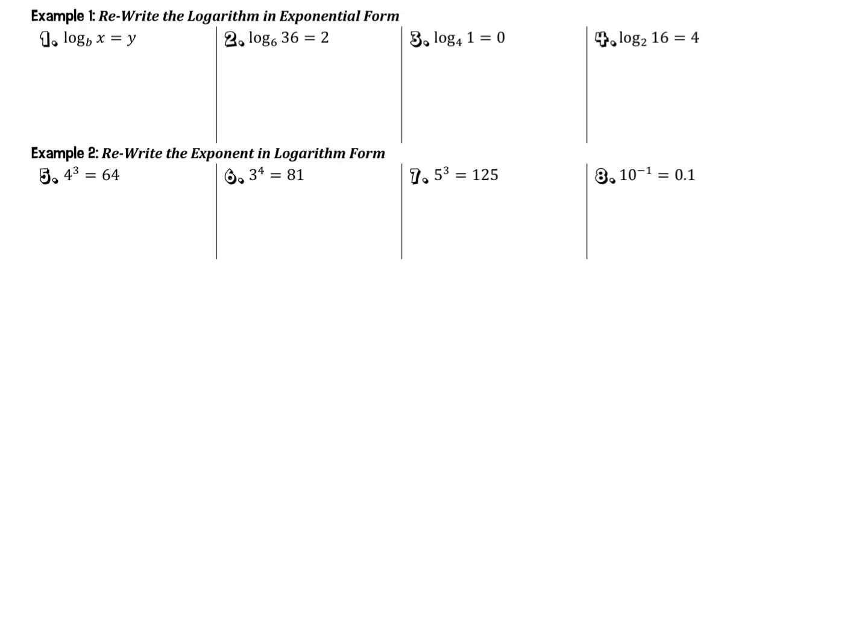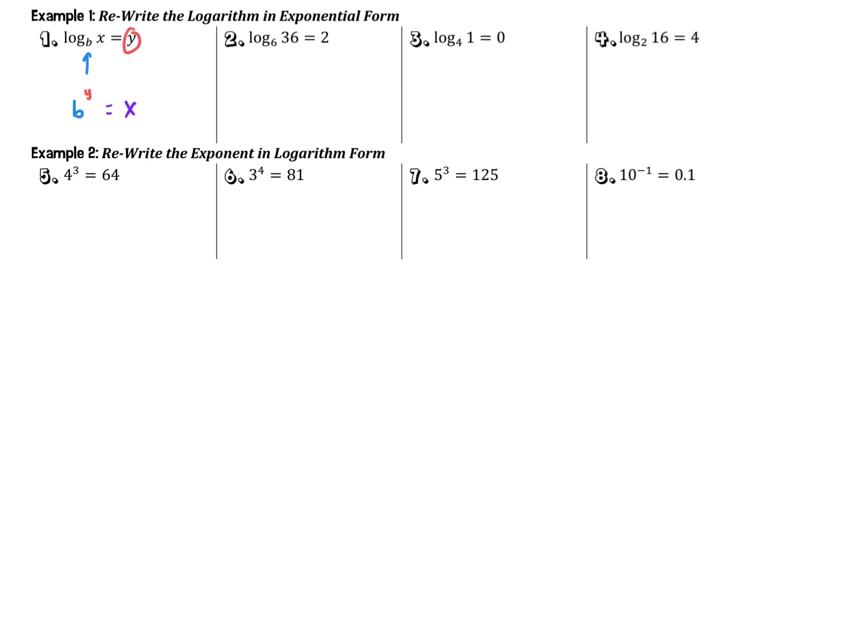All right, so let's start by translating from the log form to the exponential. Just remember, the b that is the base of the log is also the base of your exponent. Your exponent, because a log is an exponent, is going to be what the log statement is equal to. And that will be equal to x.